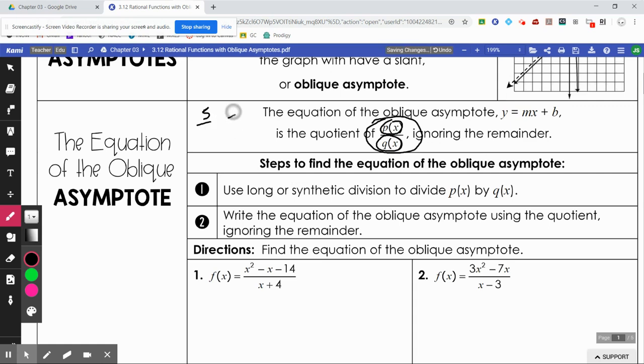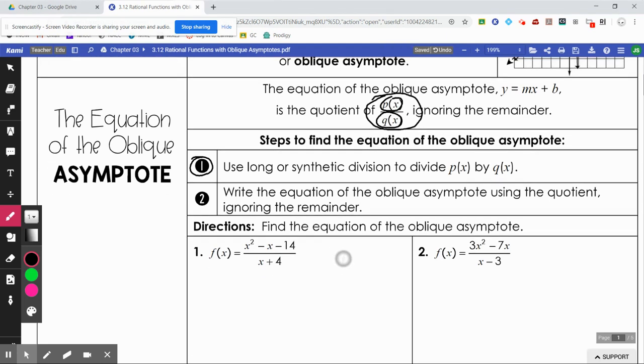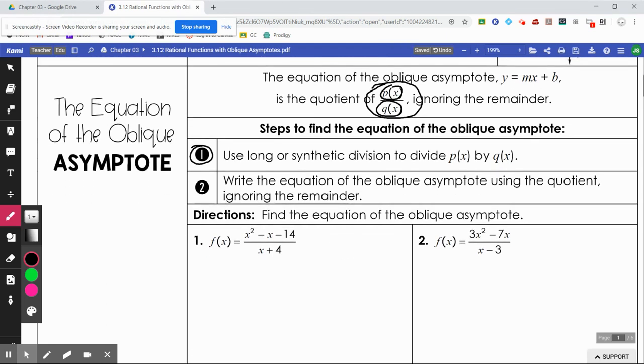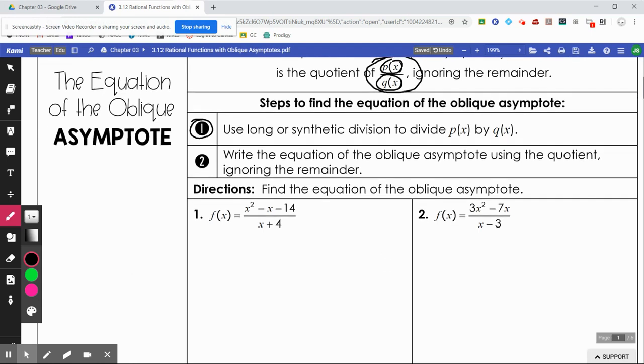When your degree on top is bigger than the degree on the bottom, we're going to use long or synthetic division to divide P of x by Q of x. This is how we find this equation. We're going to write the equation of the oblique asymptote using the quotient, ignoring the remainder. And later on in our other courses, we'll explain a little bit why we can ignore the remainder.